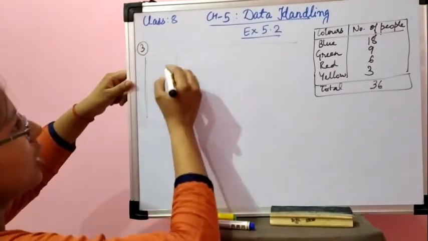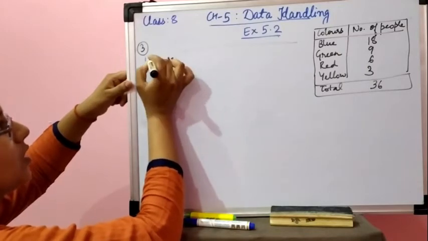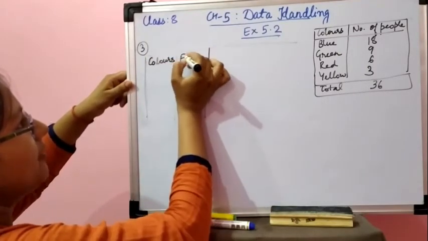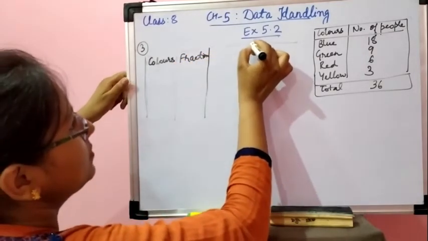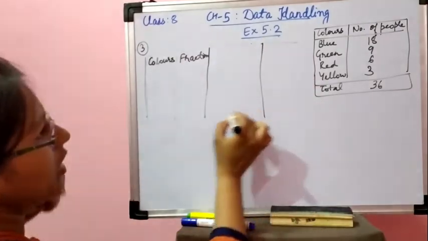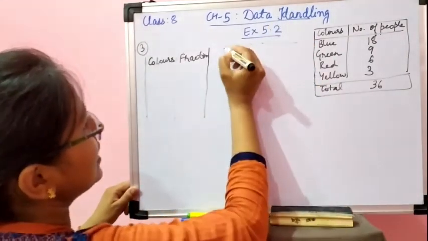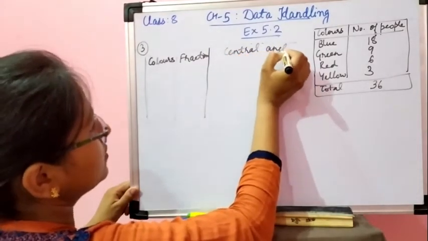In the first column, I will have colors, and in the second column, I can have fraction. In the third column, I can have central angle.